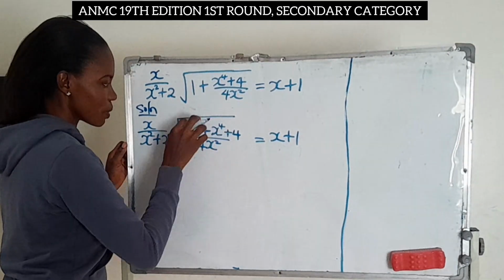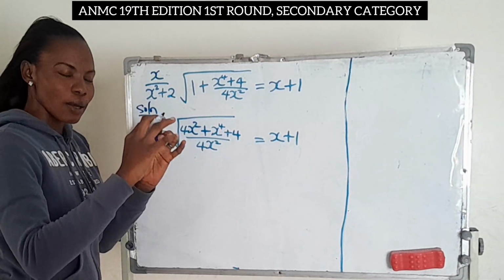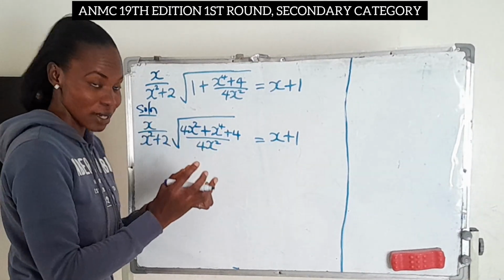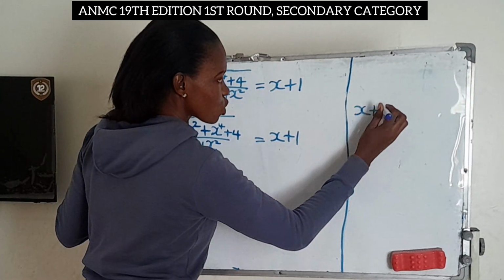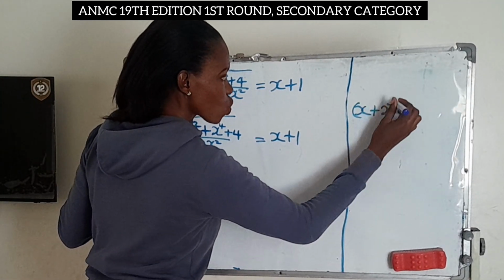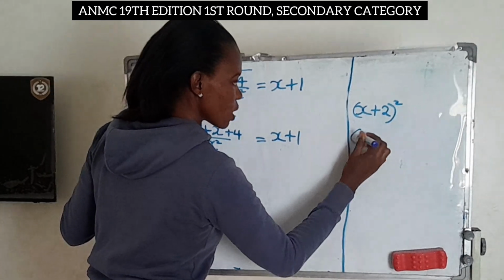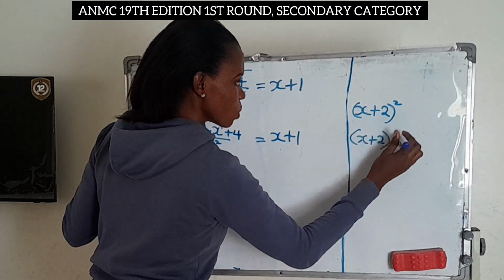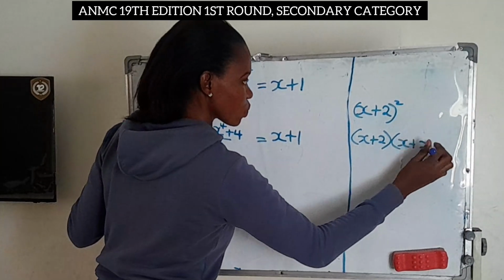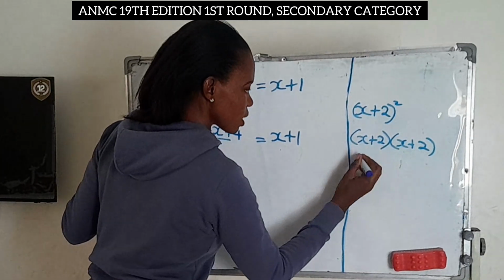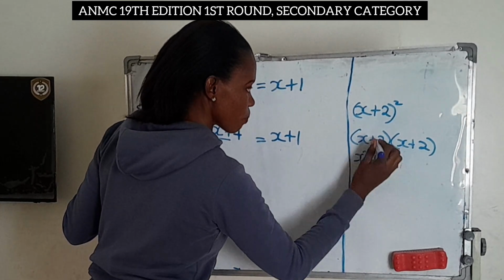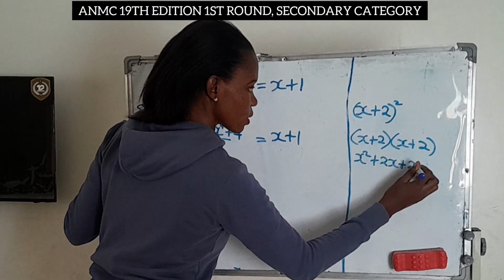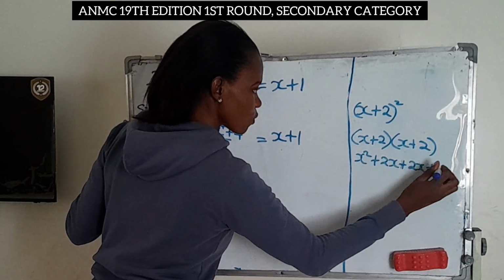Can this thing be factorized? Let's look at something. If you have x plus 2 squared, which is x plus 2 times x plus 2, it will give me x times this is x squared, this is plus 2x, this is plus 2x, and this times this is plus 4.